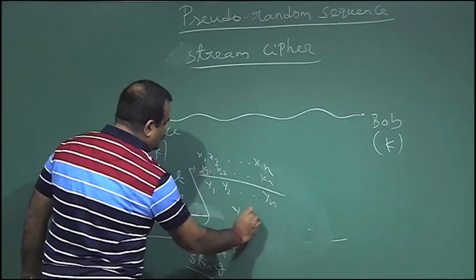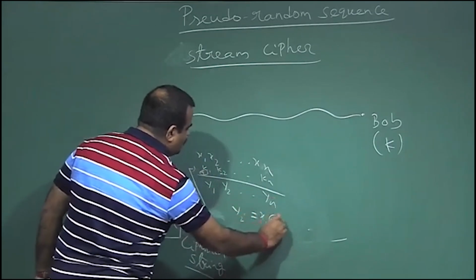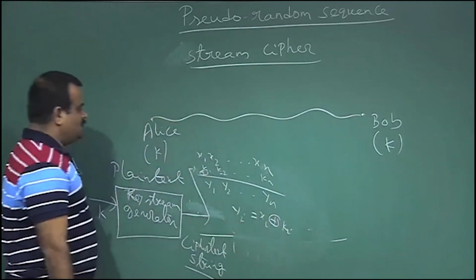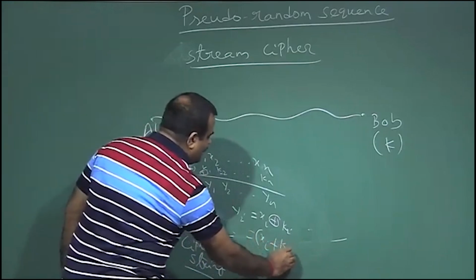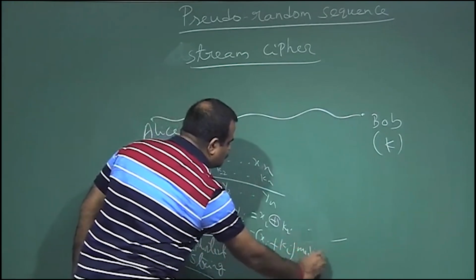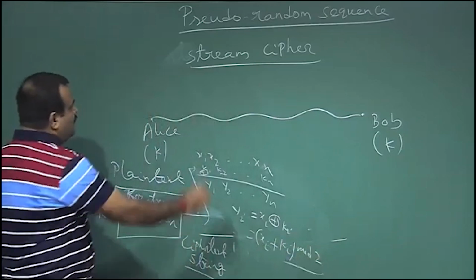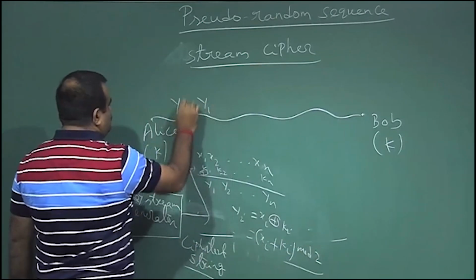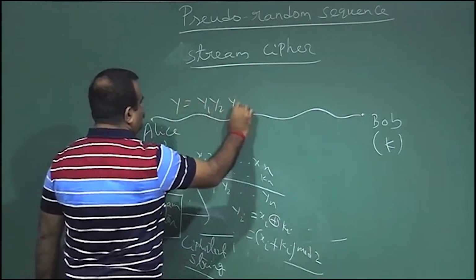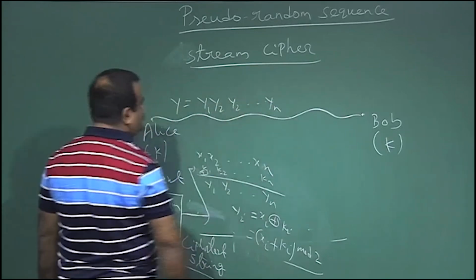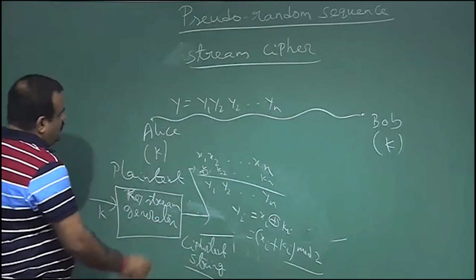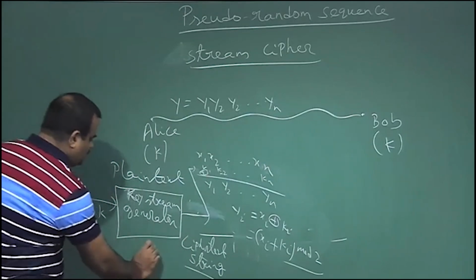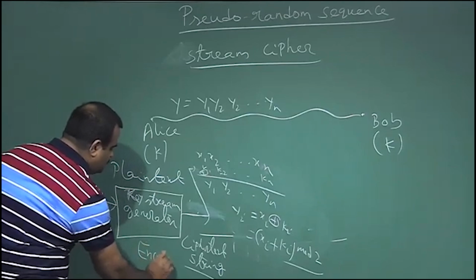So yi is equal to xi XOR ki, just the bitwise XOR. This is basically xi plus ki mod 2, and y1 y2 ... yn is the ciphertext. This is the encryption that Alice is doing.